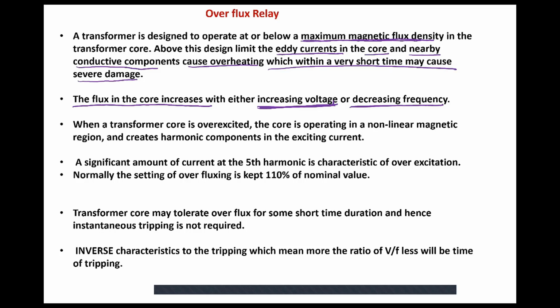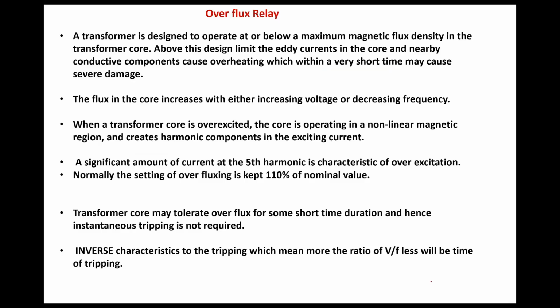When a transformer core is overexcited, that means when you apply more voltage, the core starts operating in the non-linear magnetic region and creates harmonic components in the exciting current. So when you apply more voltage than its rated voltage, the core of the transformer gets saturated. In such a case, what will happen? The charging current of the transformer contains mainly fifth harmonic component.